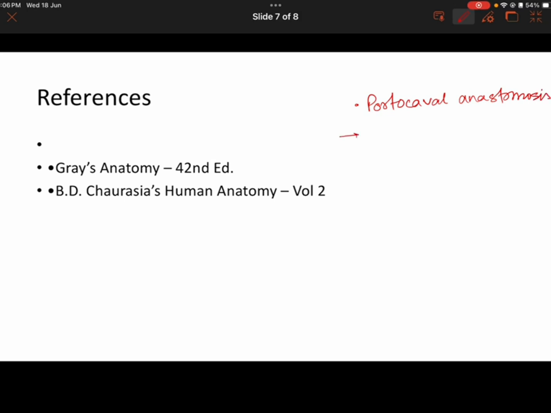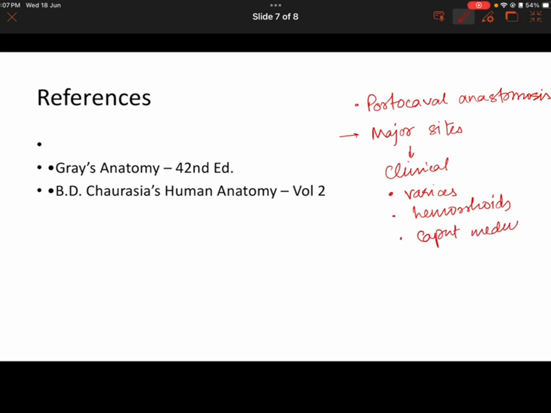You should remember the major sites along with their clinical significance, that is esophageal varices, hemorrhoids, and caput medusa, which is a very important sign of chronic liver disease.